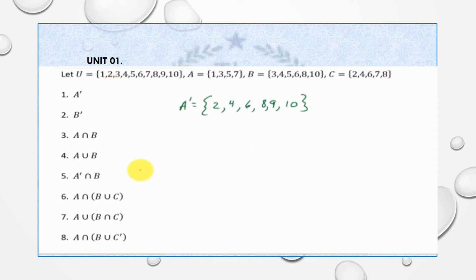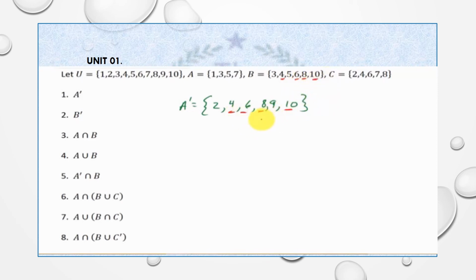Now I want to know, what do A complement and B have in common? Here's A complement, here's B. Let's underline the numbers they have in common. They've got a 4 in common, a 6 in common, an 8 in common, and a 10 in common.